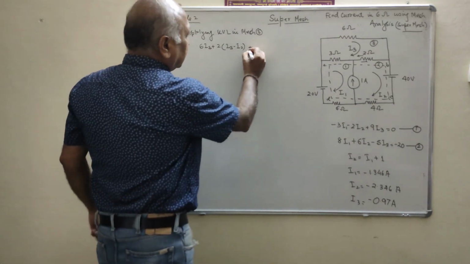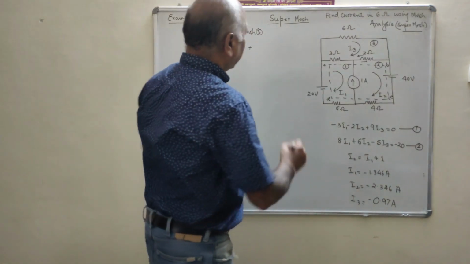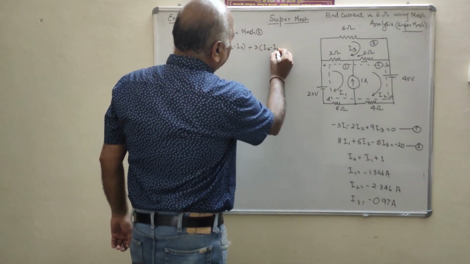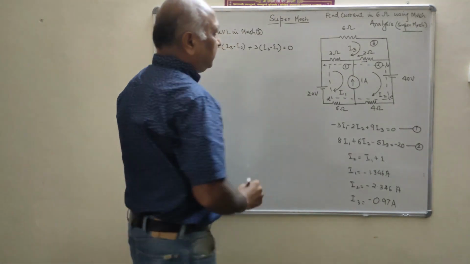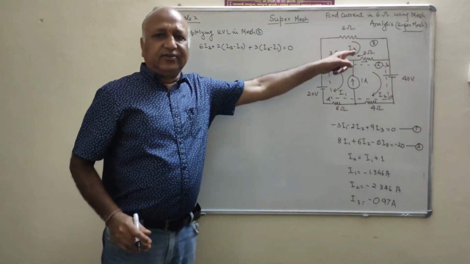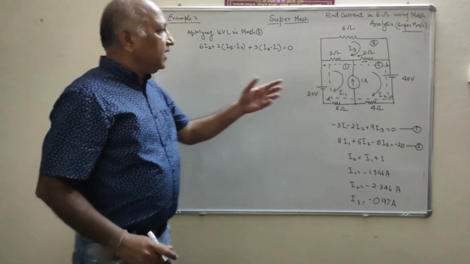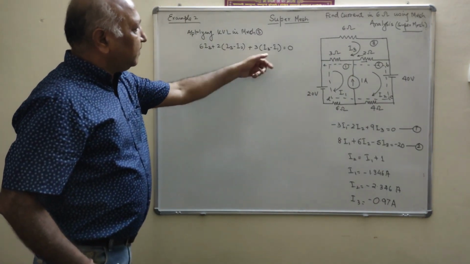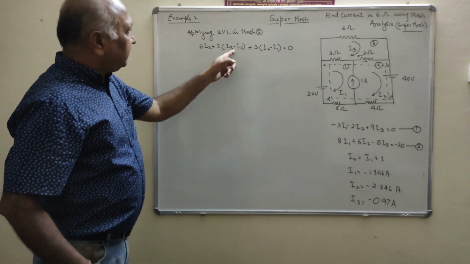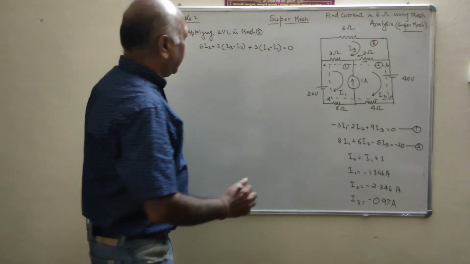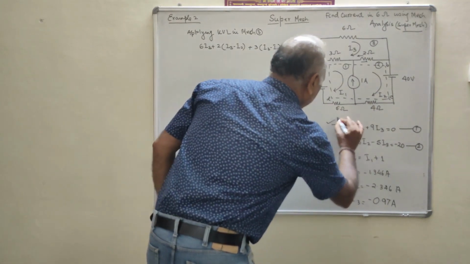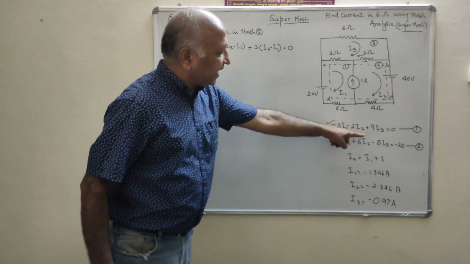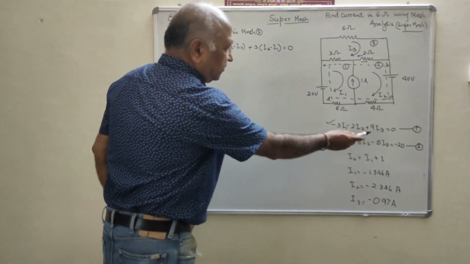Plus the drop in 3 ohm, that is 3 into (I3 minus I1), and it will be 0 because in mesh 3 there is no voltage source. After simplifying 6I3 plus 2(I3 minus I2) plus 3(I3 minus I1), you will get equation 1: minus 3I1 minus 2I2 plus 11I3 is equal to 0.